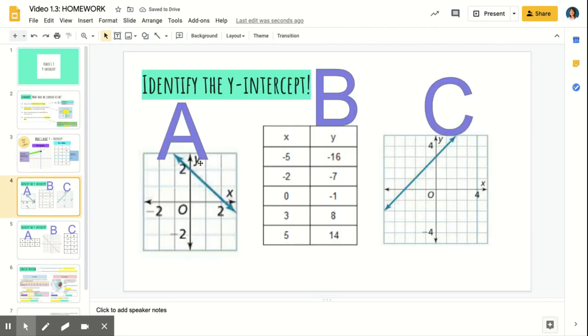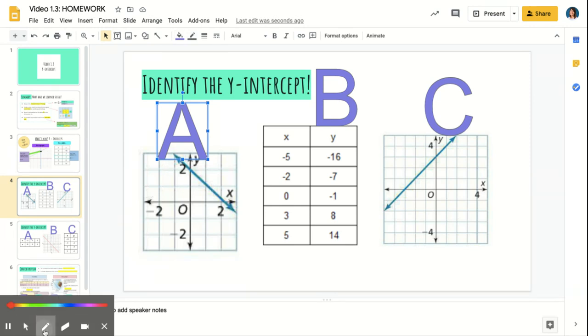So let's try these examples. All right, what is my y-intercept for A? So let's check it out. Here's my y-axis. Here's the point that crosses the y-axis. So my y-intercept is 2. On my table, remember it's where that point is equal to 0 with my x value.